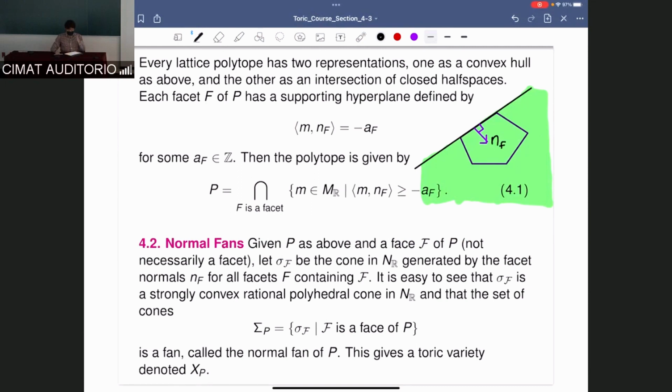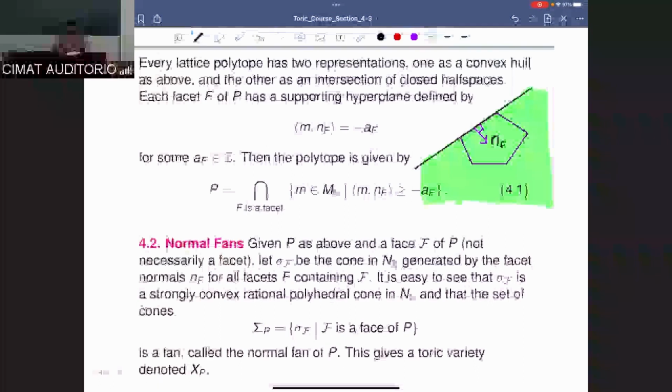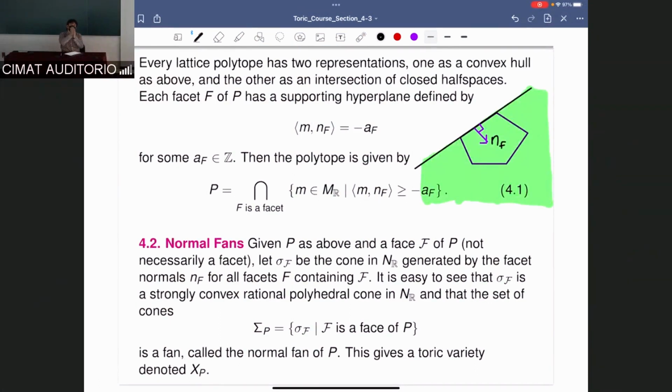So, that particular supporting hyperplane over there, like this one that supports this facet and has the polytope on one side, is defined by dot product with NF equal to a fixed quantity. Then it can be written like this. It is this line over here that I can color in, well, it's already a nice color, but maybe to distinguish it even more, I'm going to change it to red. That red one is defined by something like this.